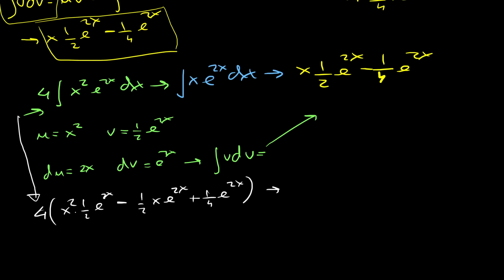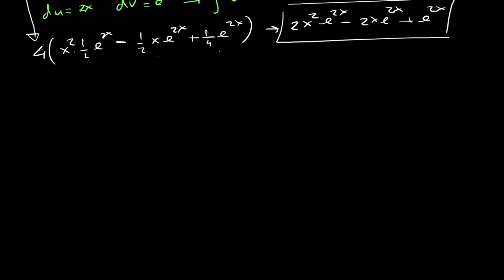We can even further simplify this because we see a 4 here, this is 2, 2 and 4, so this is the same thing as 2x squared e^(2x) minus 2x e^(2x) plus e^(2x).